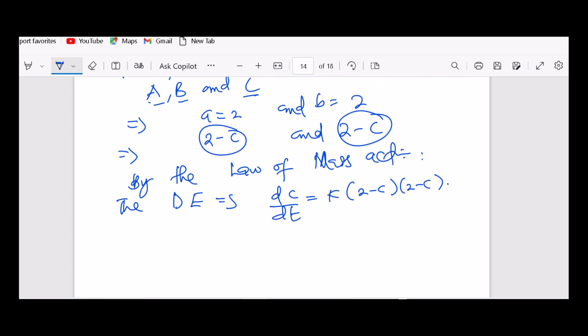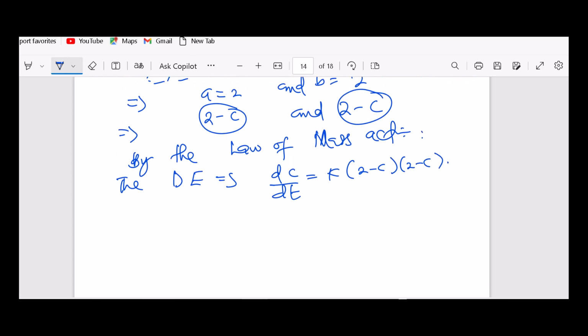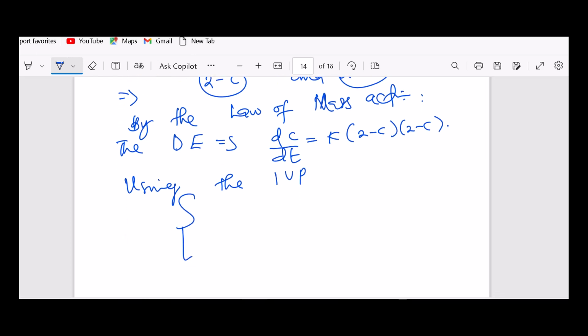And now using the IVP, we have our IVP to be dC/dt equals k(2 minus C)(2 minus C).